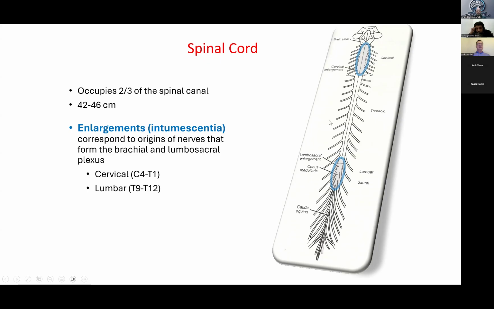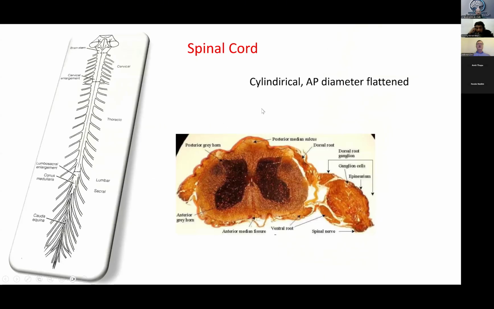These are the areas where the most precious nerve roots originate, the cervical intumescentia and the lumbosacral intumescentia. The spinal cord has a cylindrical shape with a flattened AP diameter. It's like this, and here is the spinal ganglion.